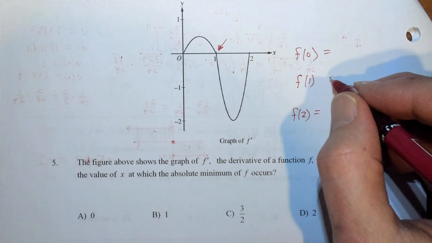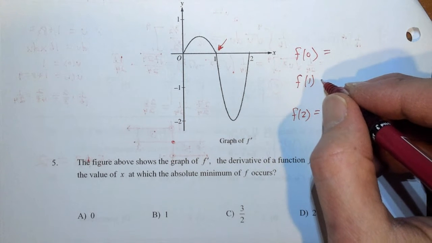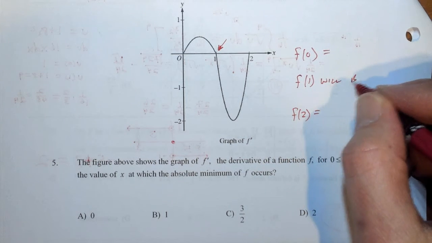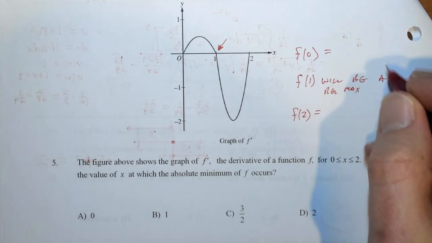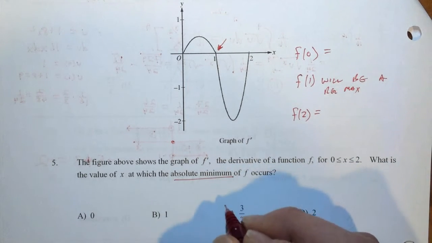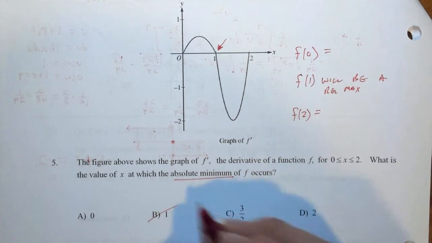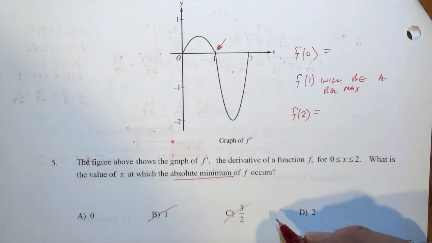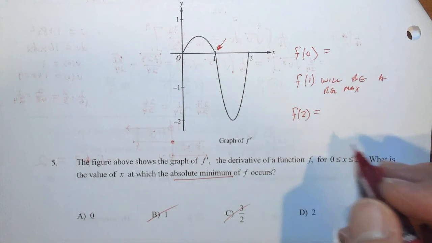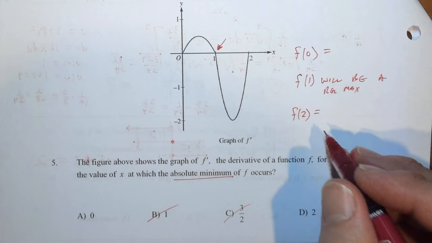Since f of 1 will be a relative max, it's definitely not going to be an absolute min. So f of 1 is out. 3/2 is also out because that's not a critical point and it's not an endpoint. So we need f of 0 and we need f of 2.